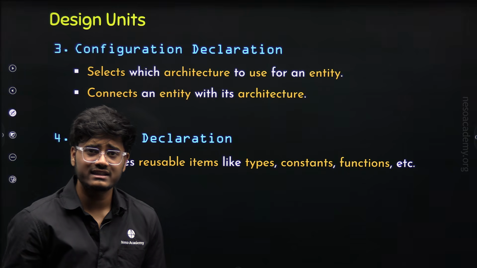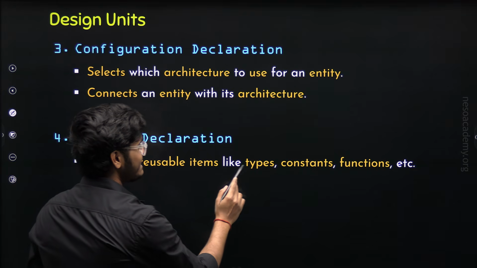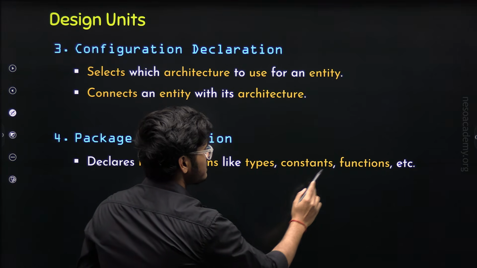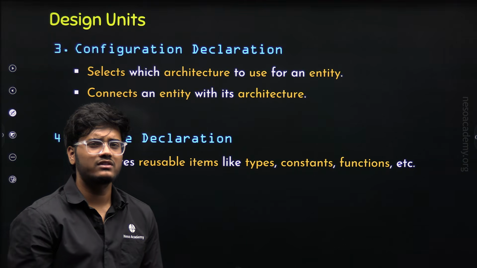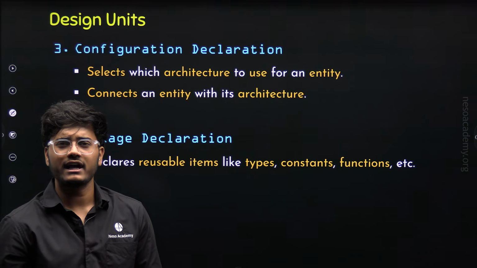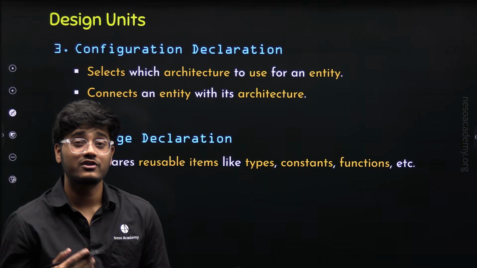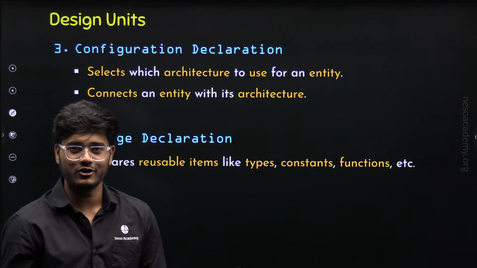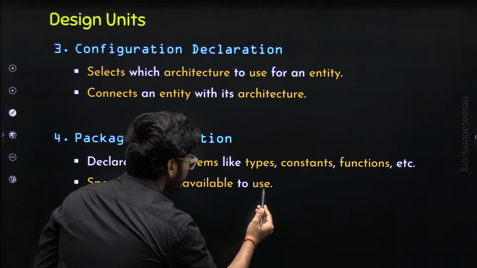Means, package declaration is used to store reusable items like data types, constants, functions, procedures, etc. And why do we need this package declaration? To avoid rewriting of the code again and again, to make the designs reusable. So overall, package declaration specifies what is available to use.